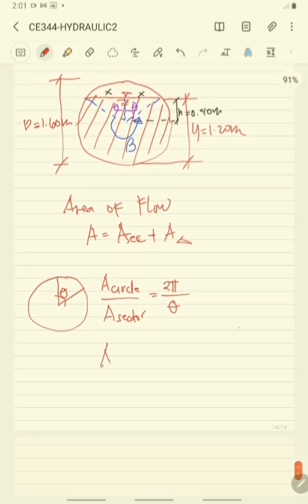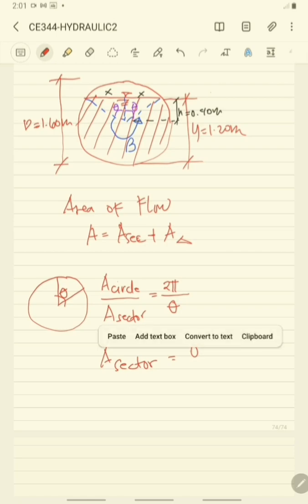So the area of the sector now is equal to theta times the area of the circle divided by 2 pi.